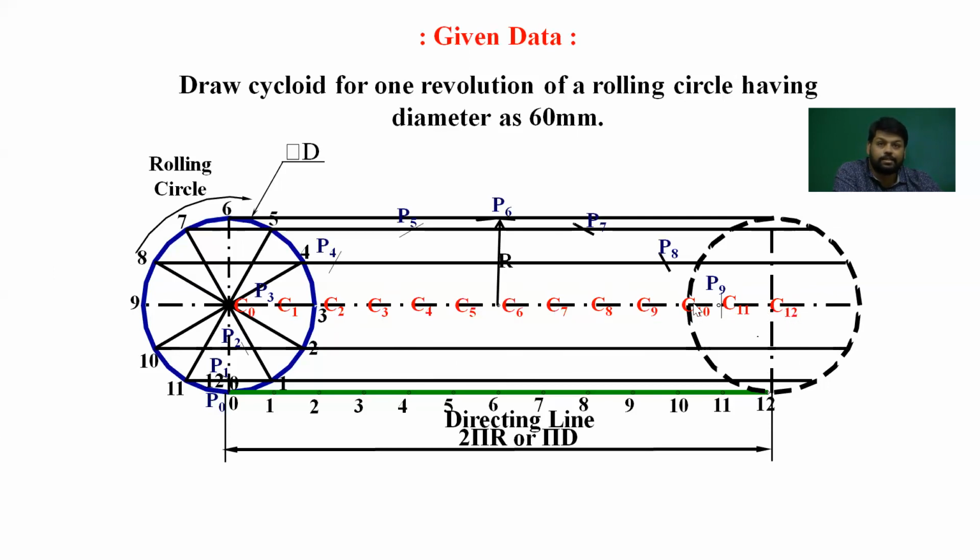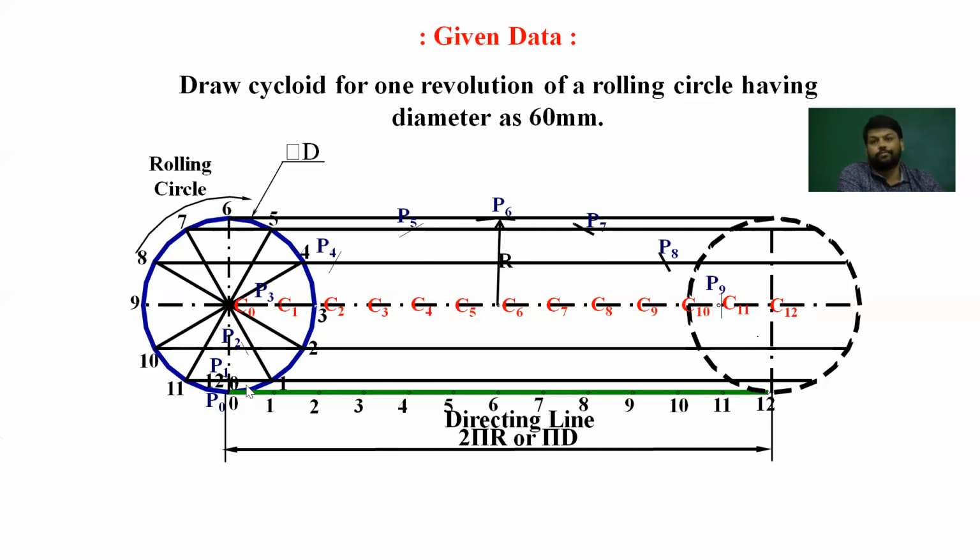Next, C10, you need to cut the line passing through 10, and C11, you need to cut the line passing through 11. At C12, that means at the end of the locus of center line, the circle has already rolled over one revolution. That means the point, after half revolution, reaches the topmost position, and when it completes one revolution, it reaches the bottom position.